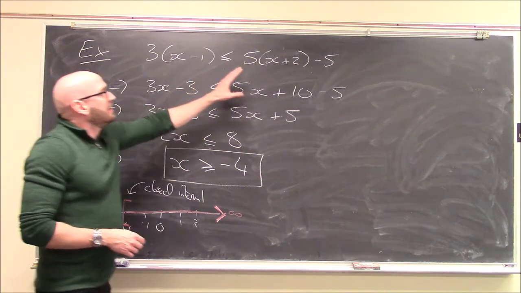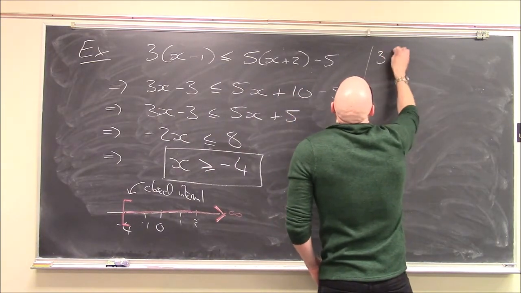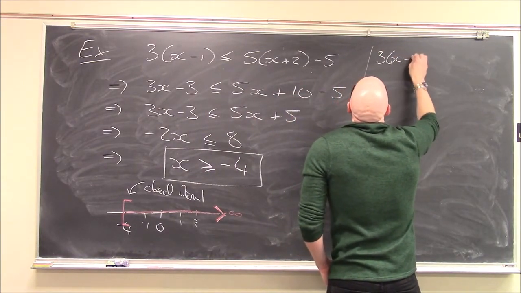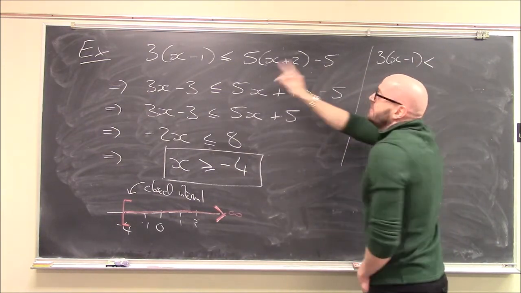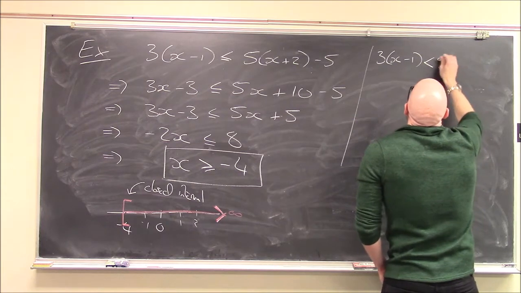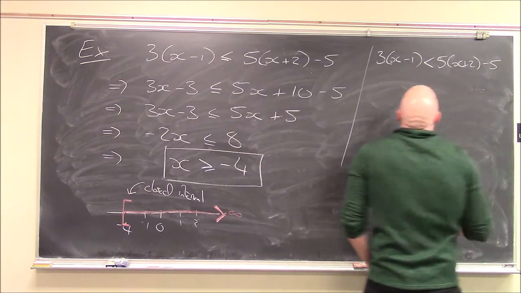Suppose I solved a different problem. Suppose we had the related problem of 3 times x minus 1 is strictly less than, so not less than or equal to, but less than 5 times x plus 2 minus 5.